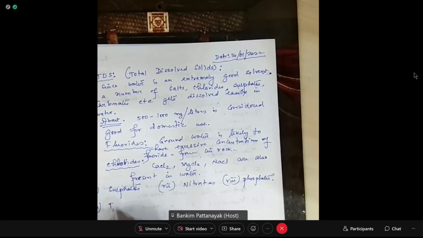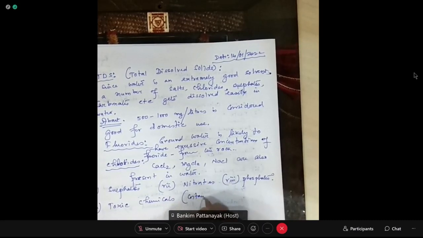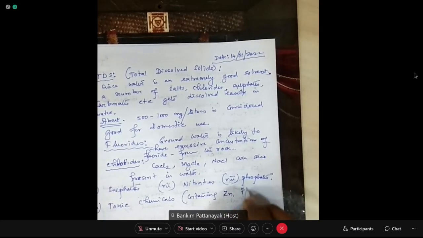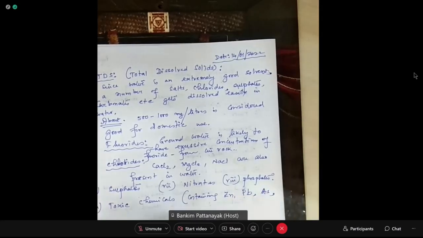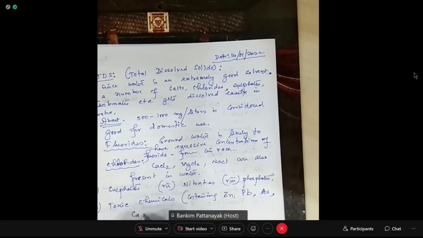Then, of course, you have toxic chemicals containing zinc, lead, arsenic, cadmium, chromium, etc. These are the toxic chemicals. And finally, we have what is called DO. Full form is dissolved oxygen.